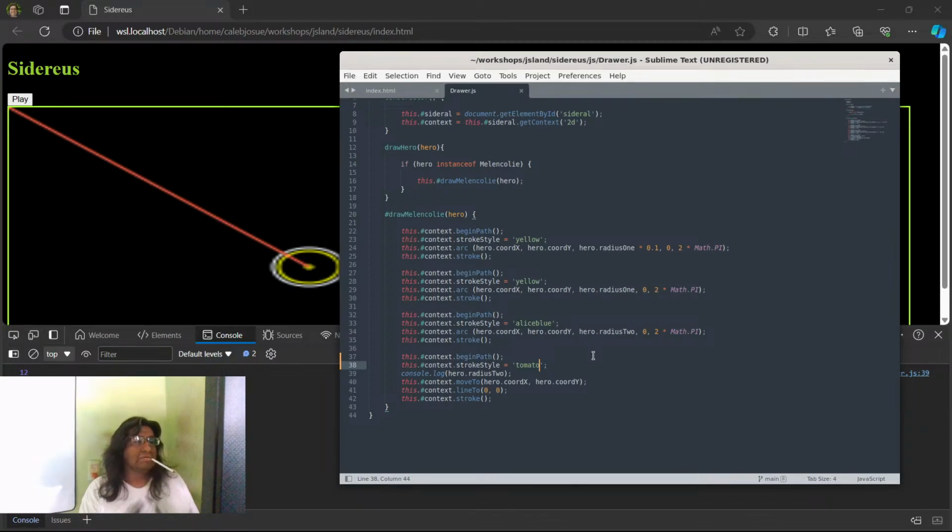I never thought that this game would be that hard to implement.